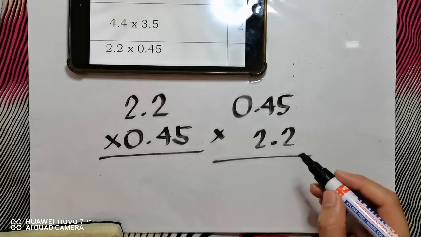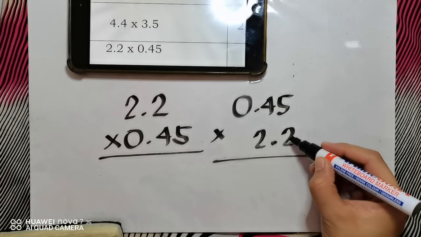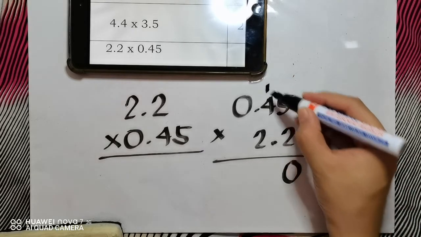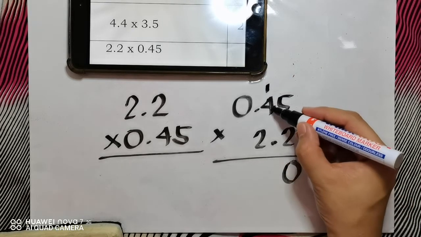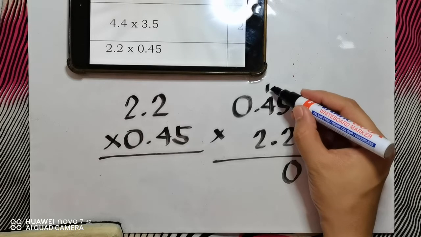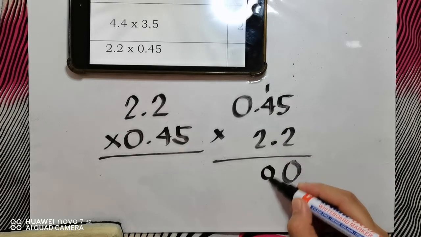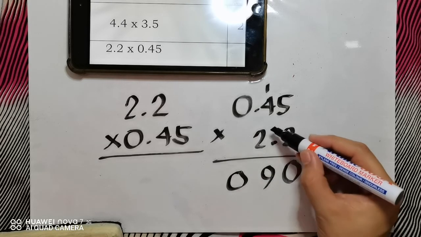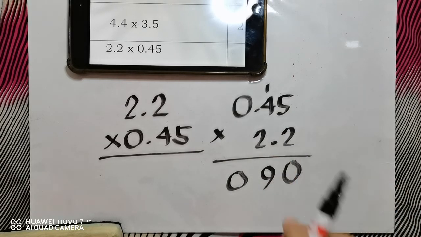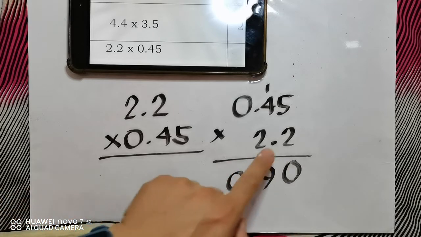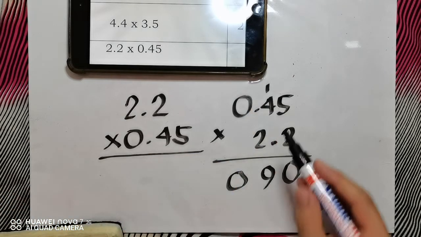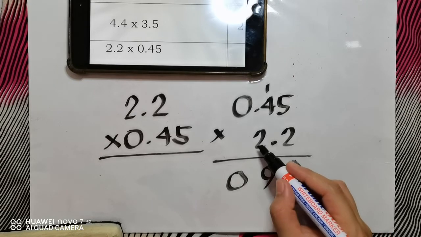Okay? So, ito na lang kasi siya yung mas marami. Again, you multiply as if you are multiplying whole numbers. 2 times 5, you have 10, group 1. 2 times 4, you have 8. Plus 1, you have 9. 2 times 0, you have 0. Again, remember, disregard the decimal point when you multiply. Kunyari, isipin nyo muna na wala kayong decimal point. So, na-multiply na natin yung 2. Sunod natin yung 2.